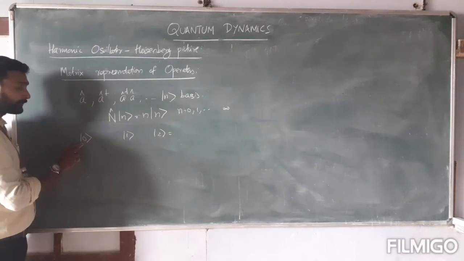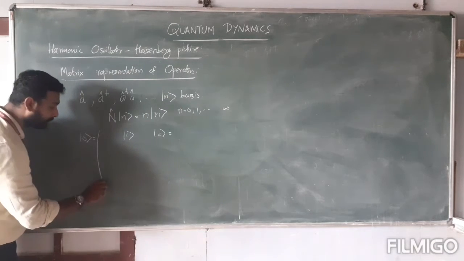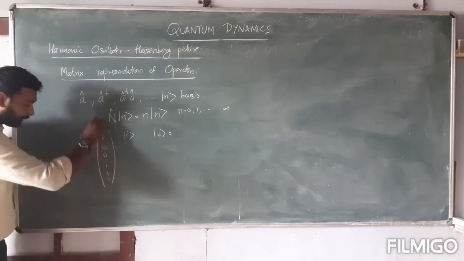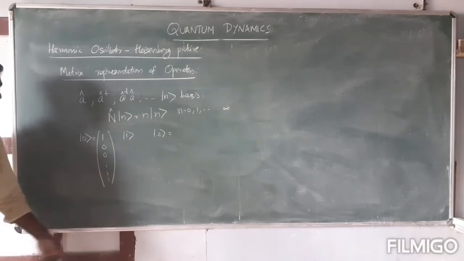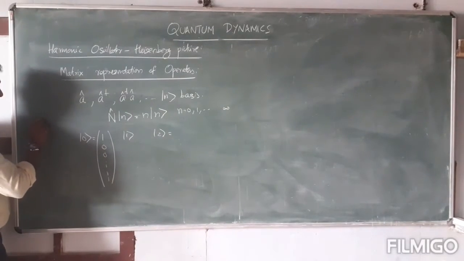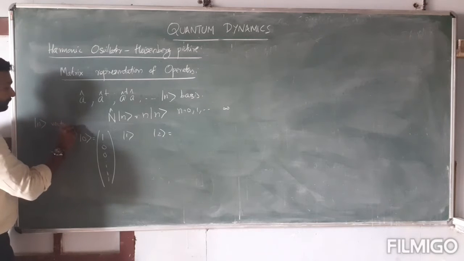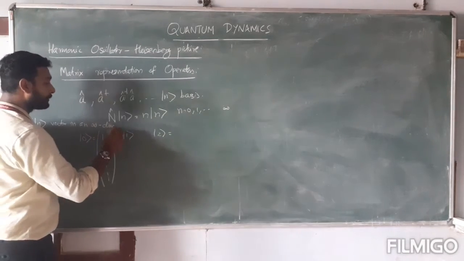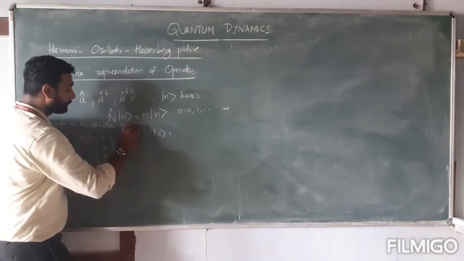So I'll represent ket 0 as 1, 0, 0, and so on. It will go up to infinity, and there will be infinite zeros down. So ket n is a vector in an infinite dimensional Hilbert space.